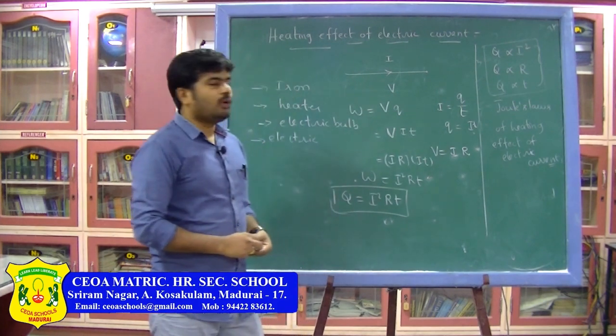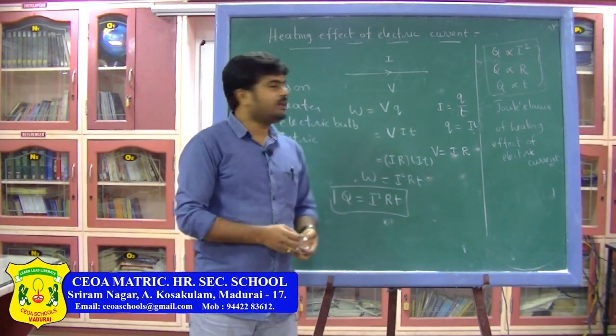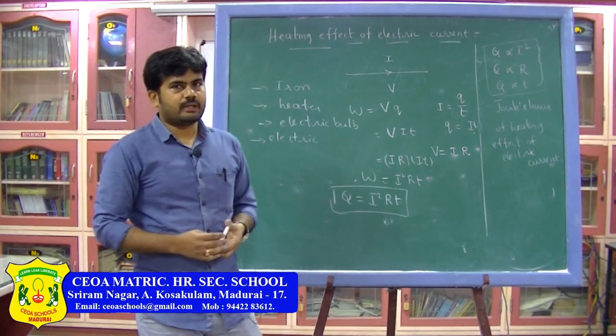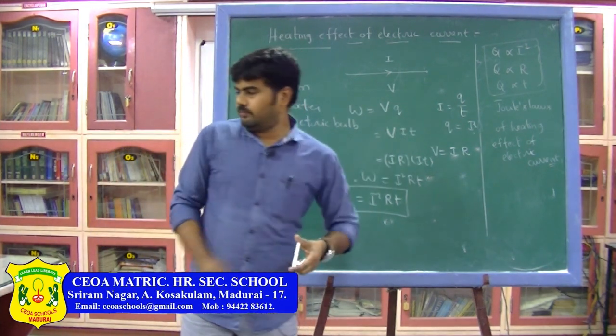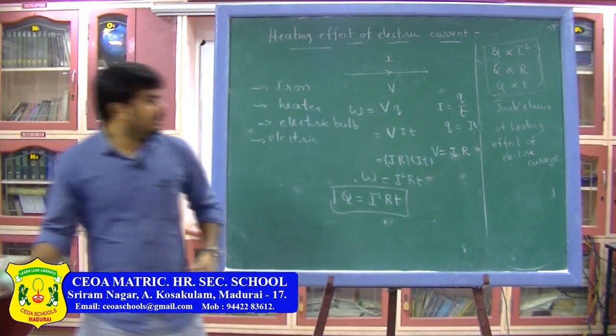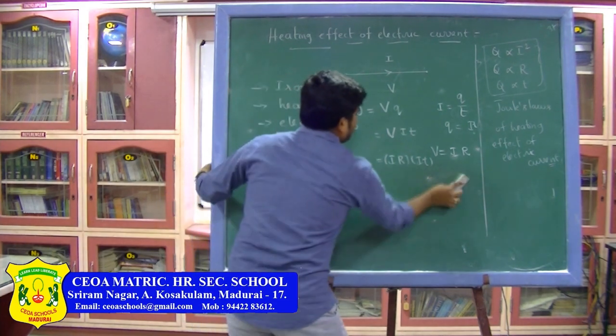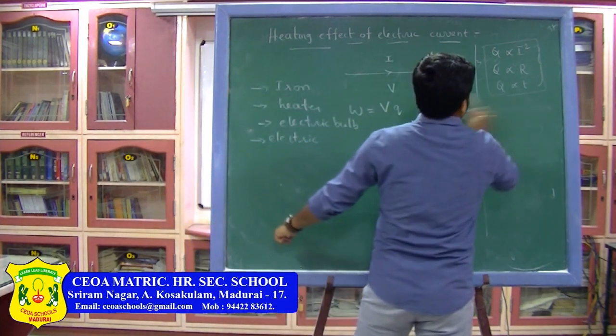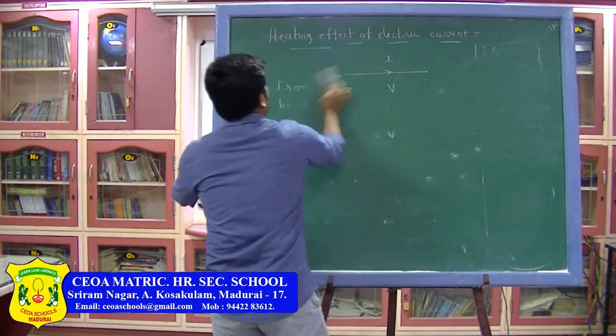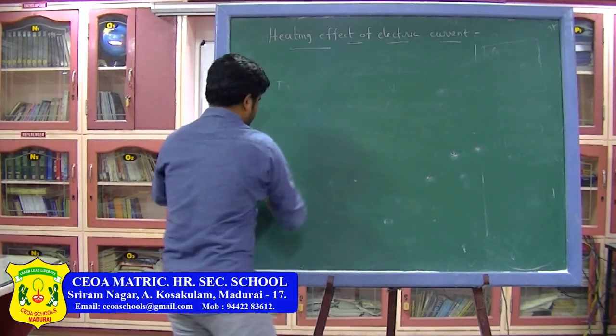Now, let us see how it happens exactly when current flows through the conductor. So, based on conservation of energy, let us discuss how this electrical energy will convert into heat energy.